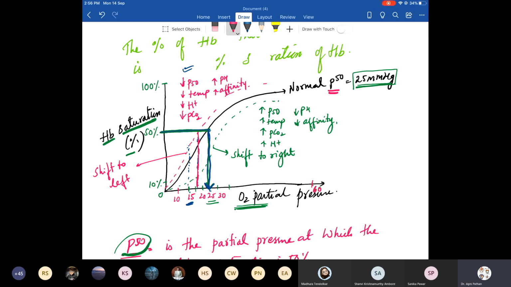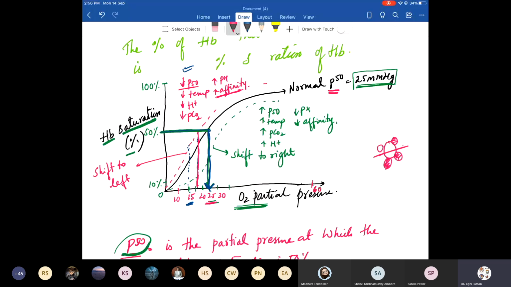At this time, the affinity towards the oxygen is more, because here when the partial pressure is less, it means only one oxygen molecule must have bound, the other 3 are empty to bind, because it has not reached 25. At 25, 2 will be empty, 2 will be occupied, but it is less than 25. The partial pressure is less than P50.